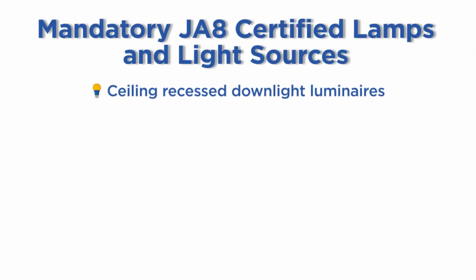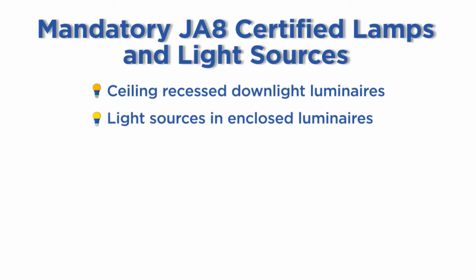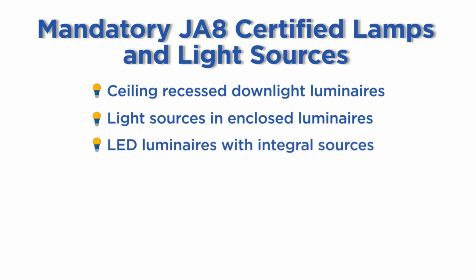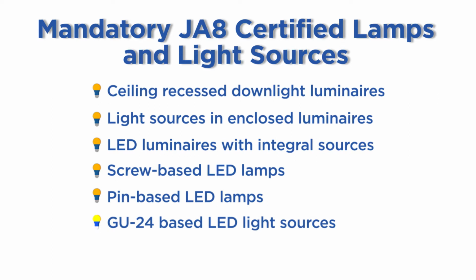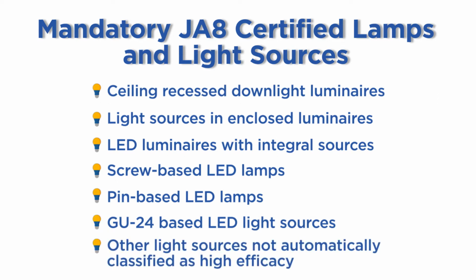This includes light sources installed in ceiling recessed downlight luminaires, light sources in enclosed luminaires, indoor LED luminaires with integral sources, screw-based LED lamps, for example, A lamps or PAR lamps, pin-based LED lamps, for example, MR16s or AR111s, GU24-based LED light sources, and any other light source which is not automatically classified as high efficacy.